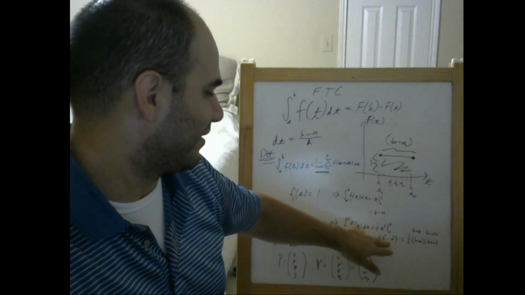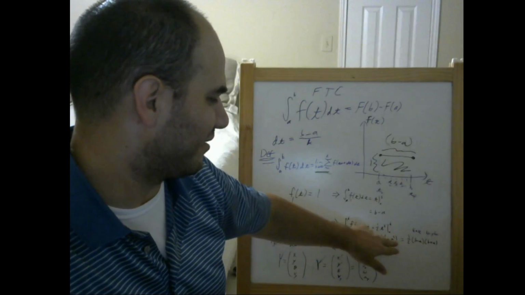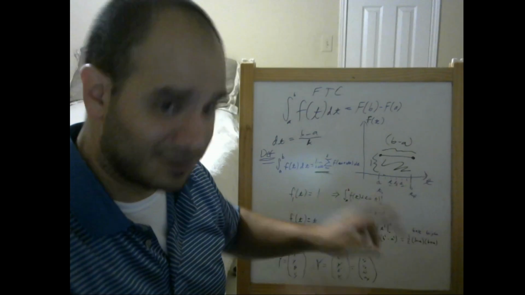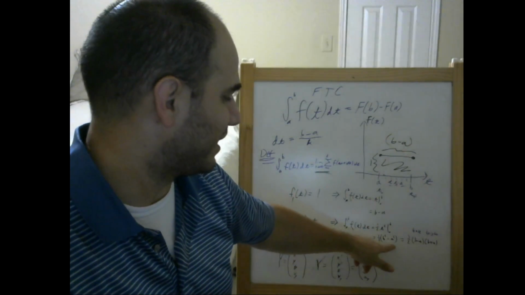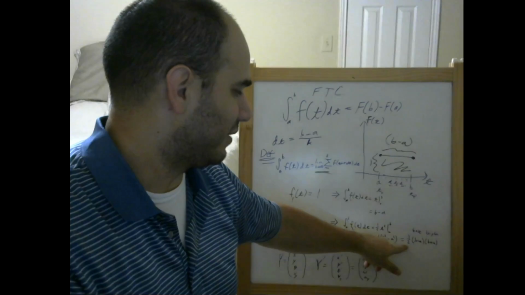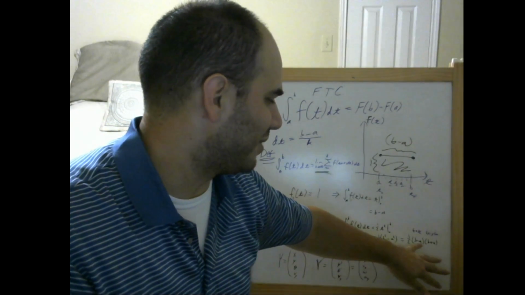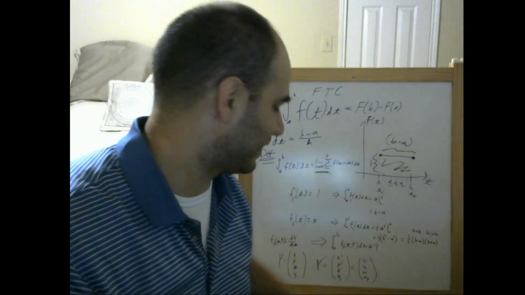So we plug in b, and we subtract a from that, and we get 1/2 times, in parentheses, b squared minus a squared. Or if we separate it, we get 1/2 b minus a times b plus a.